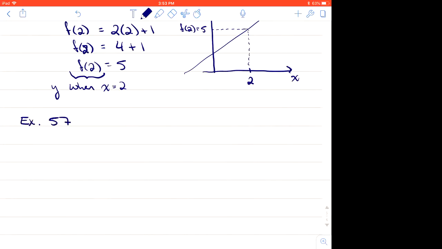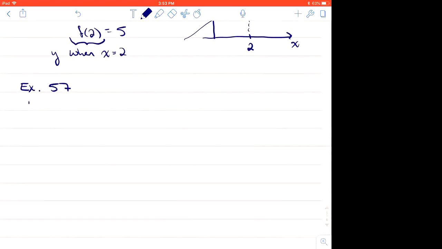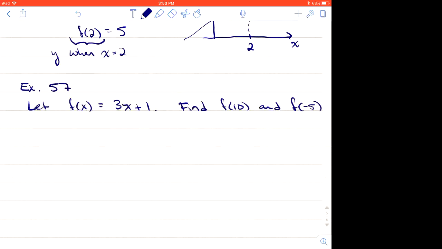Example, let's do 57. Let f of x be 3x plus 1. Find f of 10 and f of negative 5. I'll give you part of a minute to do it.